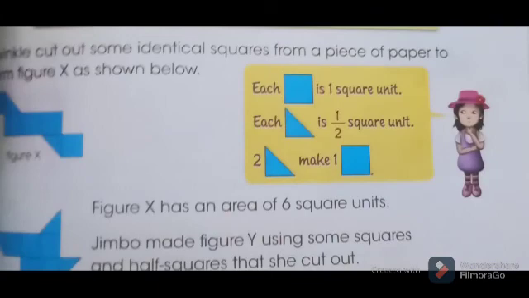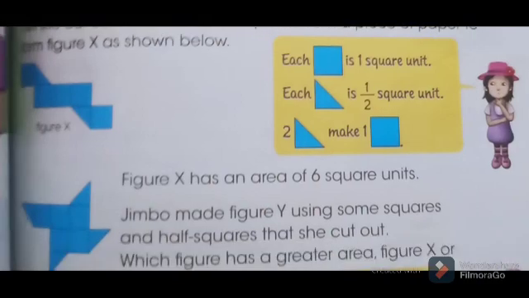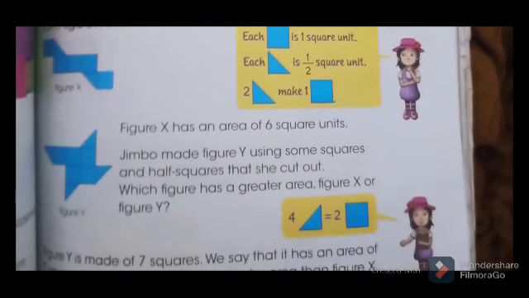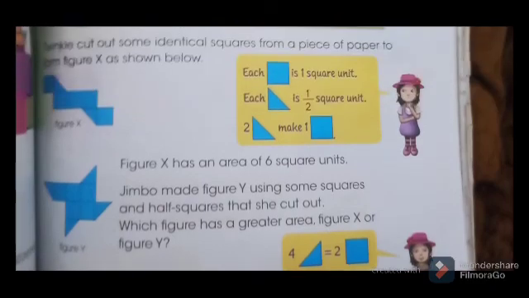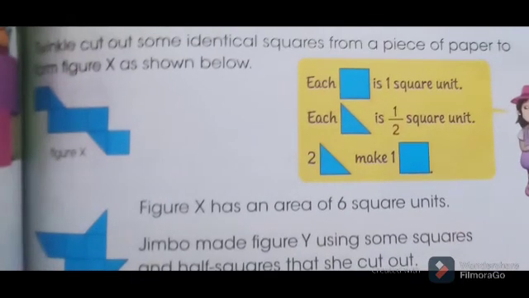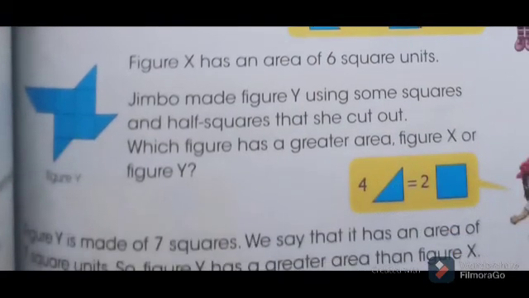So 2 half square units make 1 whole square unit. So figure X has an area of 6 square units, because you can see there are 1, 2, 3, 4 and 5 whole square units and 2 halves, that will be 1. So 5 plus 1 will be 6 square units.